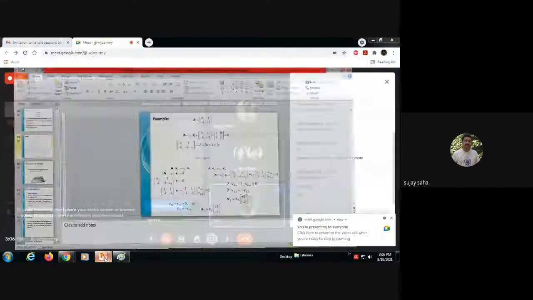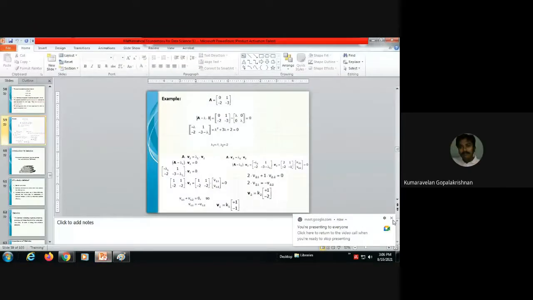Sir, can I ask one question at this point? Yes, please go ahead. Actually, sir, for finding out the eigenvectors, you said that the data set is a square matrix, right? Yes, yes. But in real life situations, it may not be possible, right? That's why you can go for singular value decomposition. Have you heard about this concept? Yeah, I have heard. So once a data set is given to you, you can decompose the data.